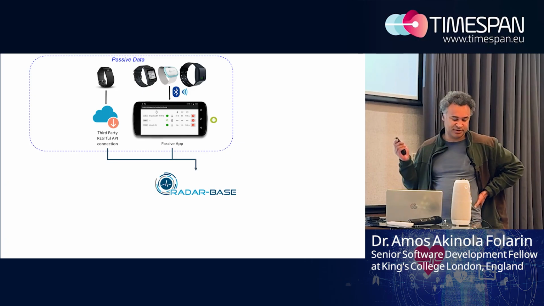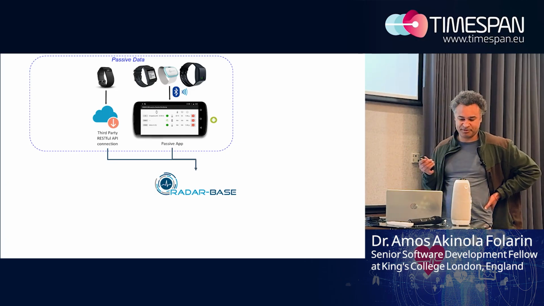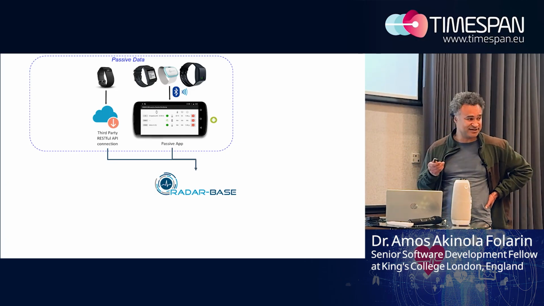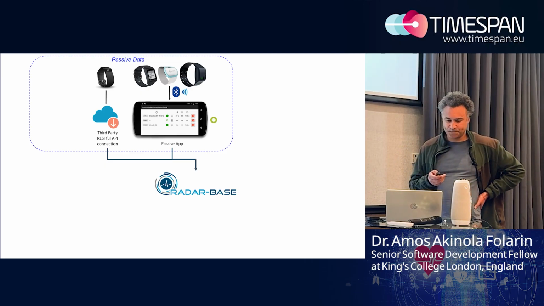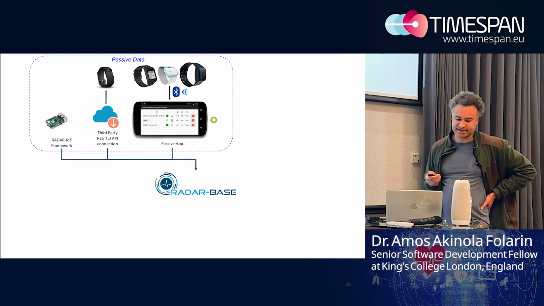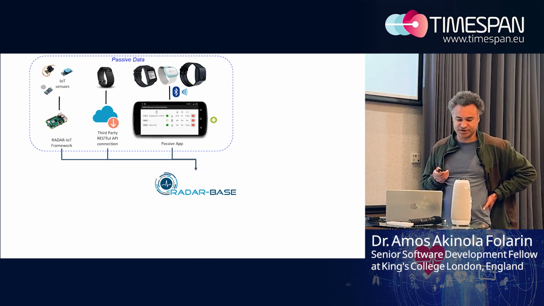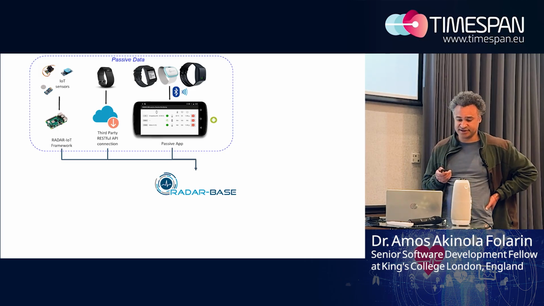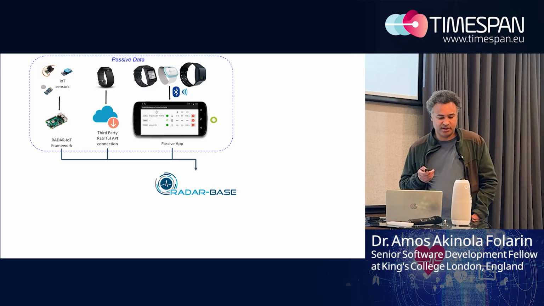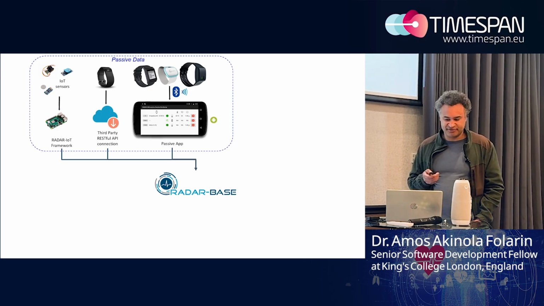An example of that would be collecting data from Fitbit. Fitbit doesn't allow us to directly speak to the device, but we can retrieve the data back from the vendor. And then more recently, we have an initial extension to allow us to collect data from IoT sensors. These are more static sensors that we can deploy in the environment of participants.